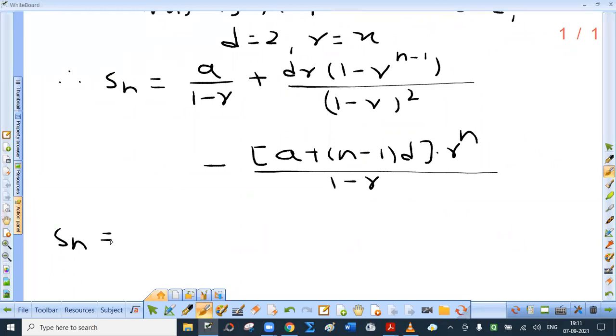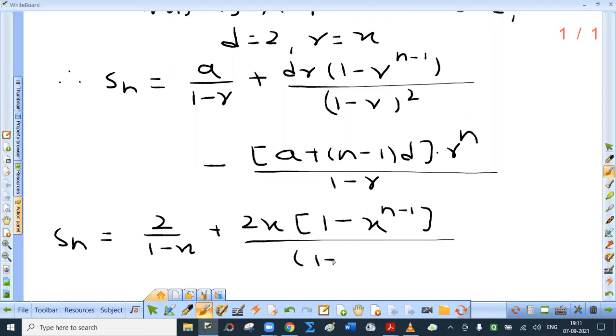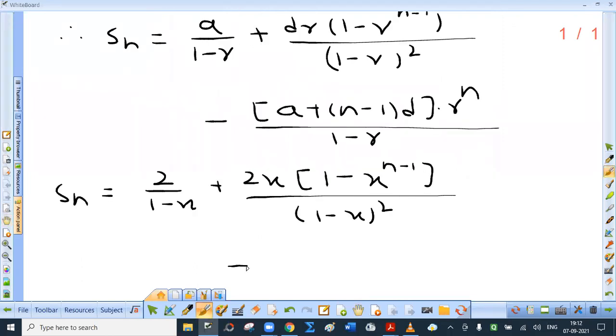So, let's check. 2 upon 1 minus x, plus 2x, use brackets, 1 minus x raised to n minus 1 upon square of 1 minus x, minus 2 plus n minus 1 into 2, x raised to n upon 1 minus x.